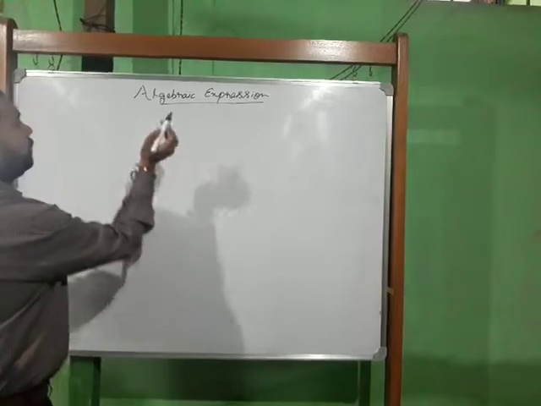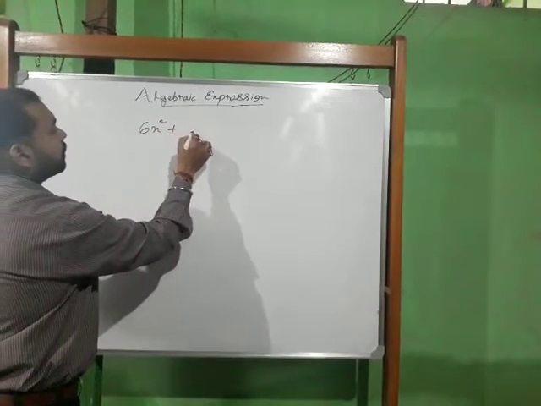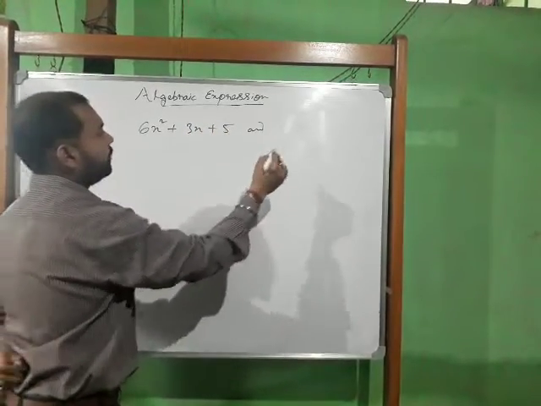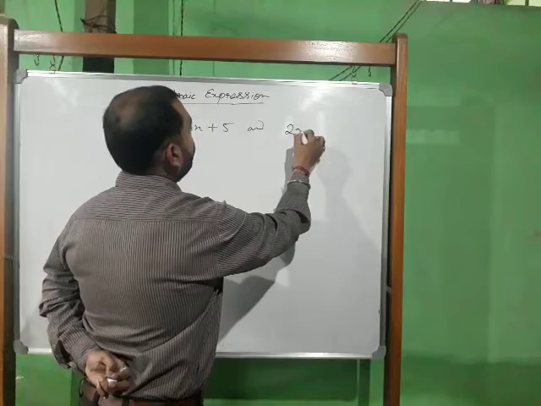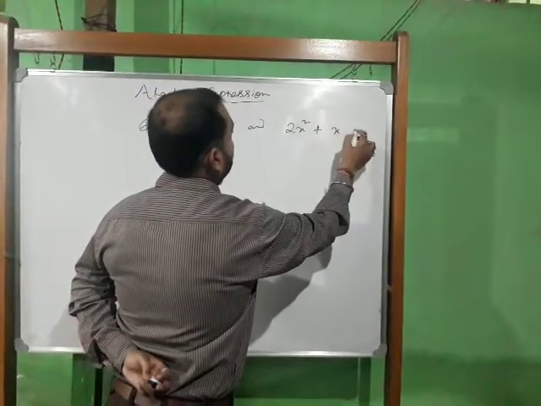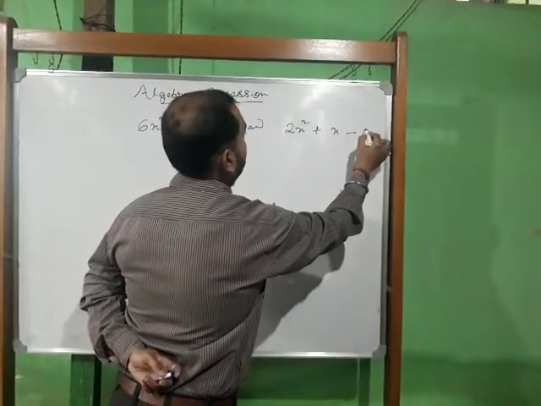For example, let us take two polynomials: 6x square plus 3x plus 5, and one more polynomial, 2x square plus x minus 3.